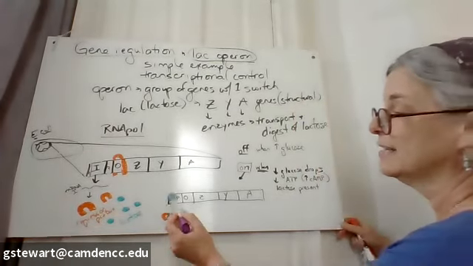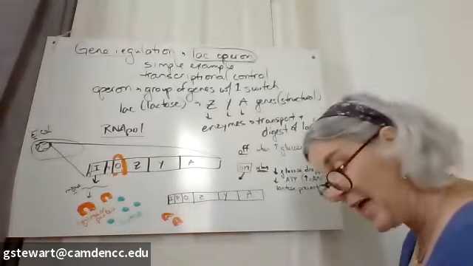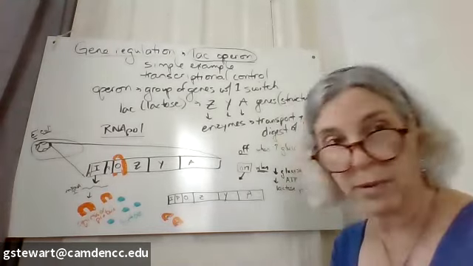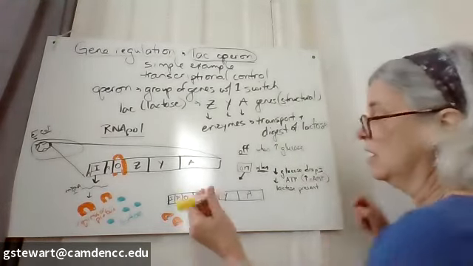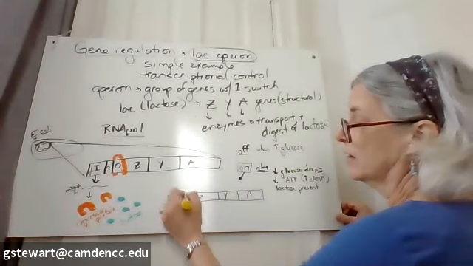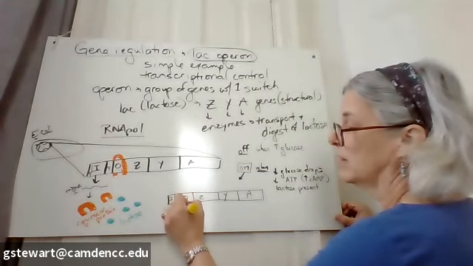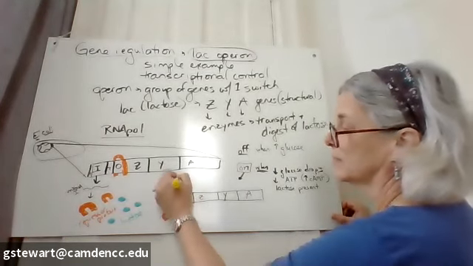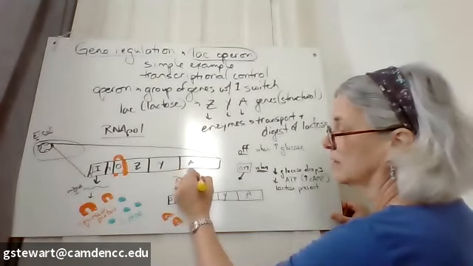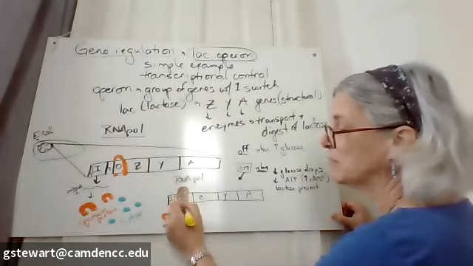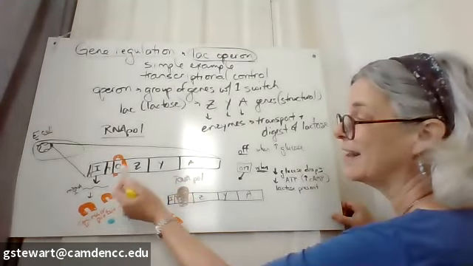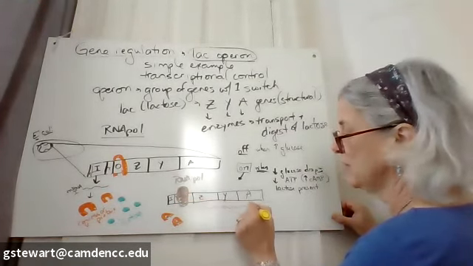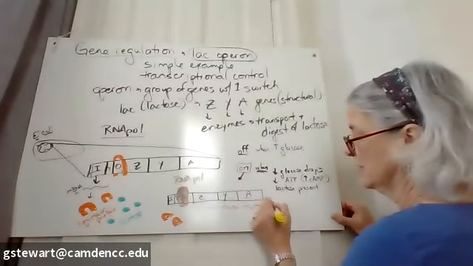Well, if it's not bound to operator, then our friend RNA polymerase can bind to promoter. I'm going to put RNA polymerase here. And once RNA polymerase binds to promoter and there's no block at operator, it is going to transcribe. So I'll make 3 messages and I'll label those messenger RNA.